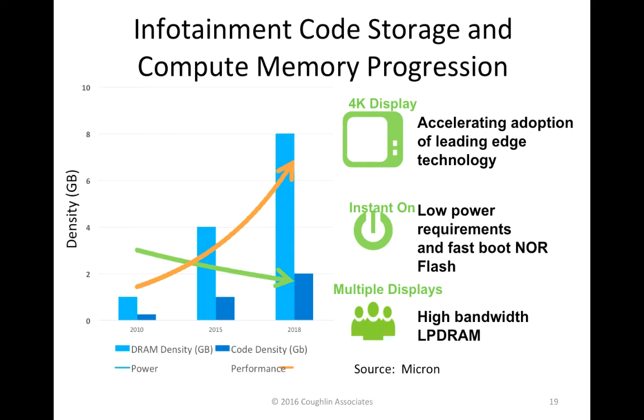At the same time, we're showing that there is a decrease in the power usage and an increase in the performance with these memory devices. So increased demand for memory densities, both for the compute memory as well as code storage, as well as decreased power use and increased performance.